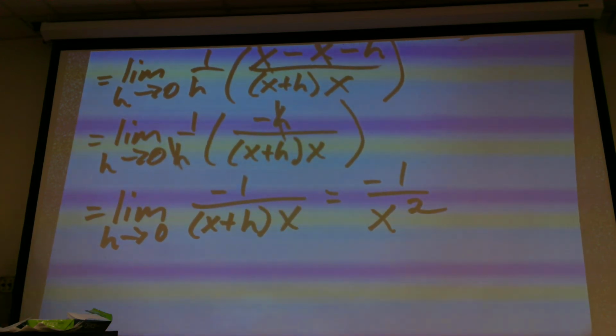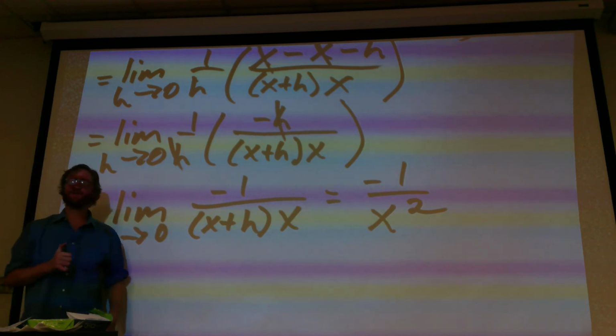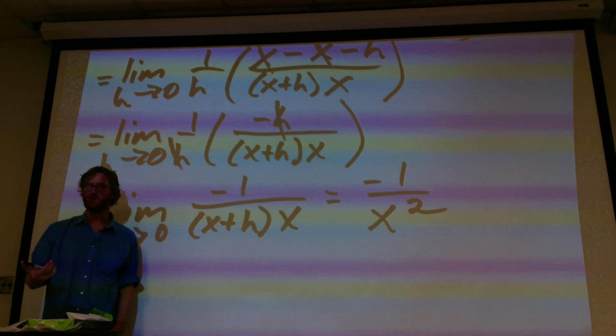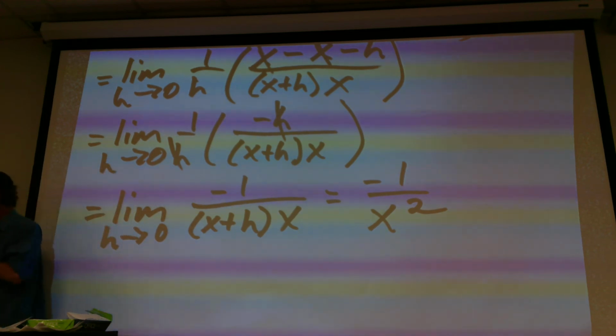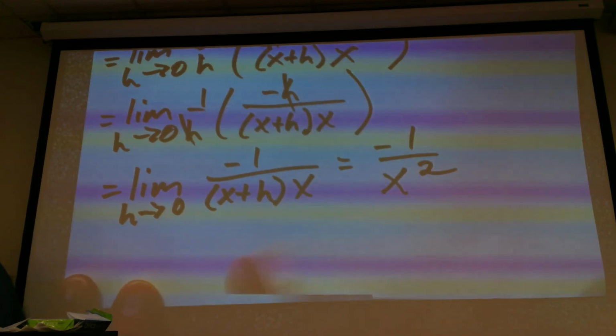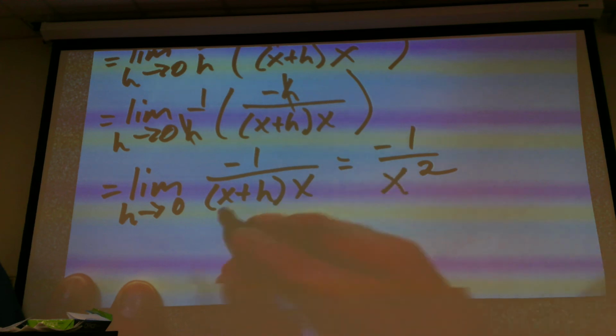Now, let's ask ourselves, does this make sense when talking about the power rule? Another way to think of this problem: I know I'm using the power rule, and I'm not allowed to, but we're just going to verify it.